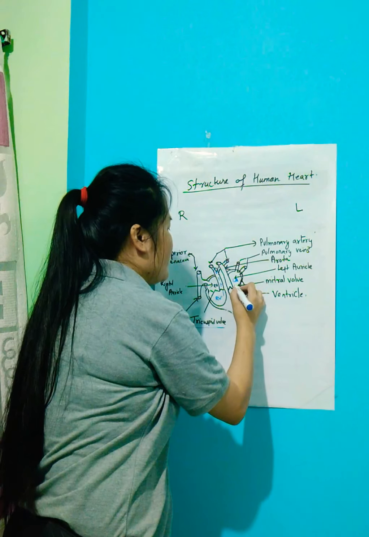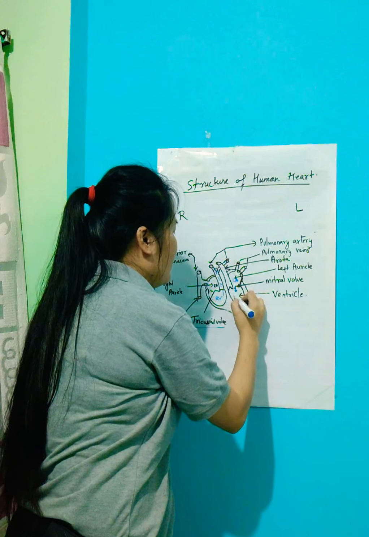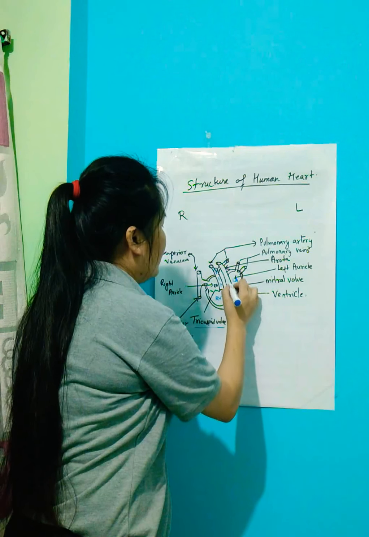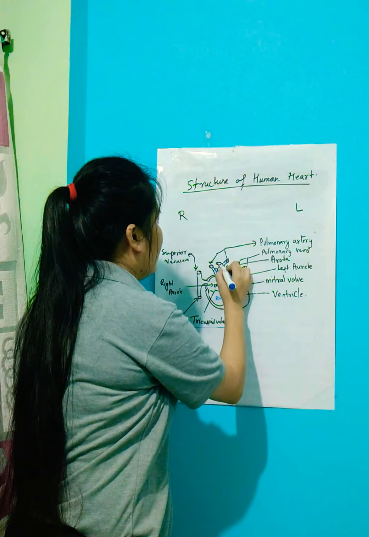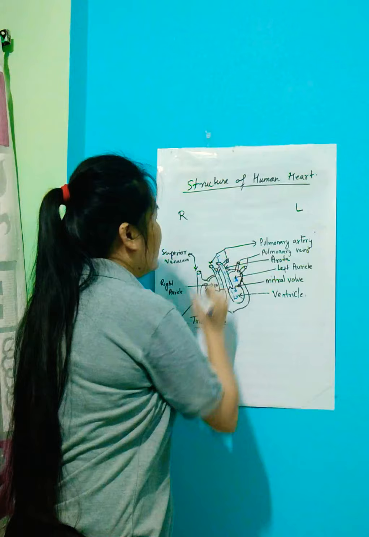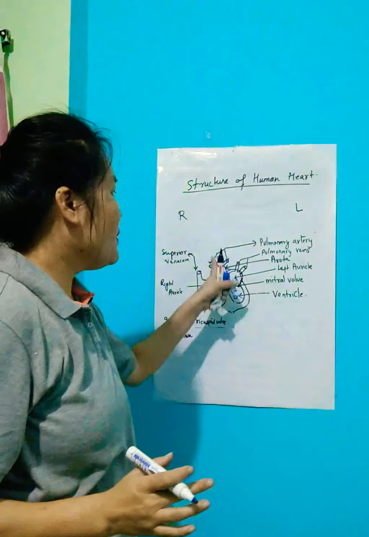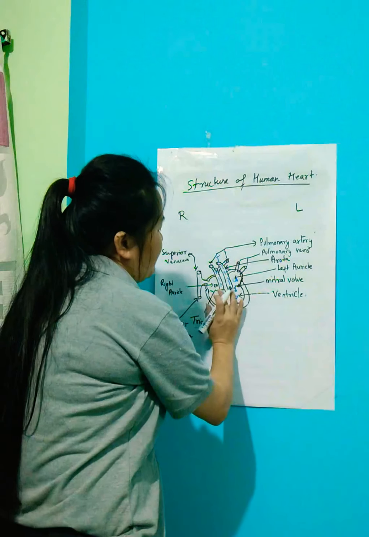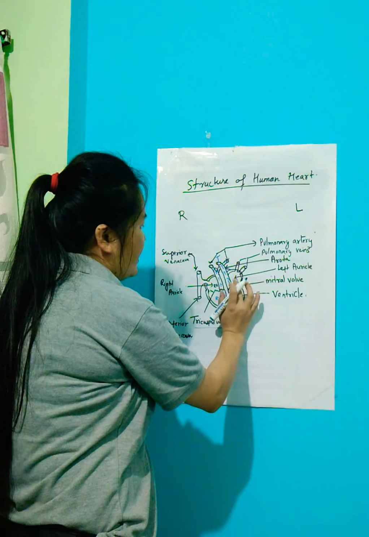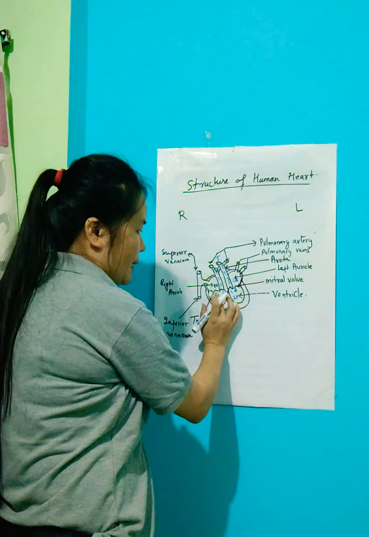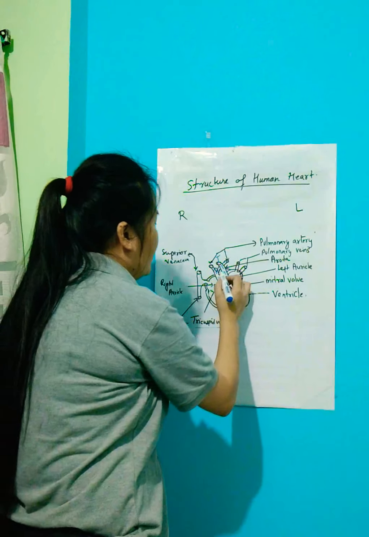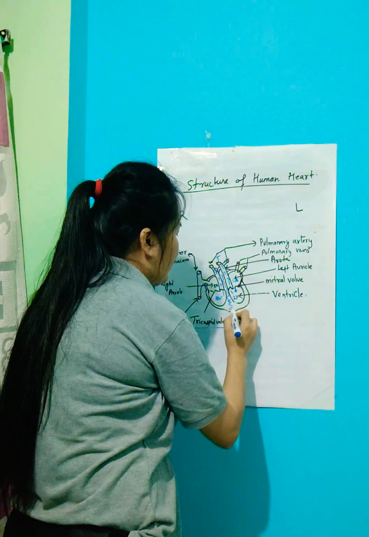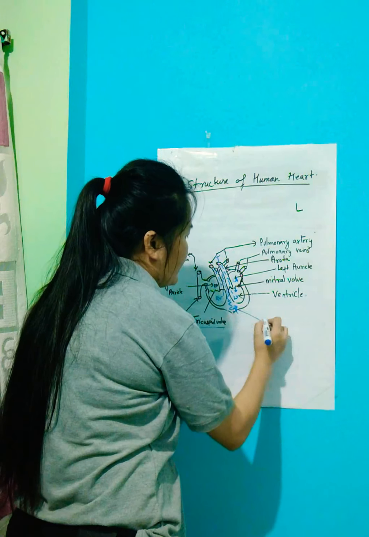From the left auricle, it goes to the left ventricle, and from the left ventricle, the blood goes to the different parts of the body through the aorta. Now you can see the left part of the heart is separated from the right part by a muscular separation, which is known as the septum.